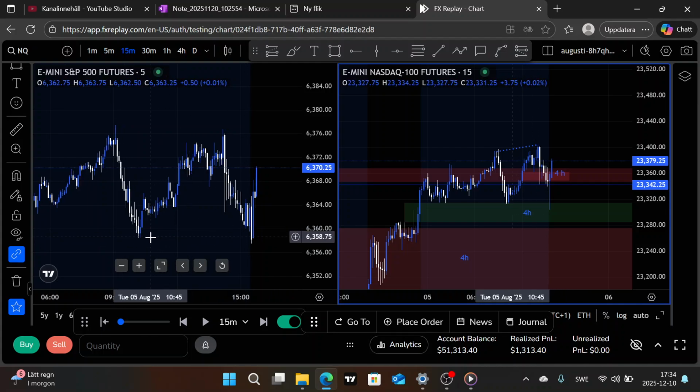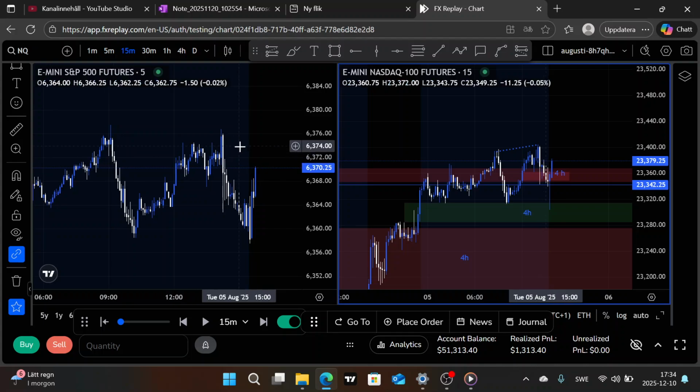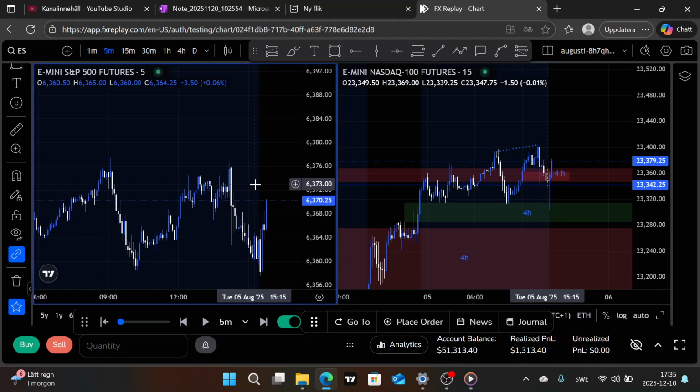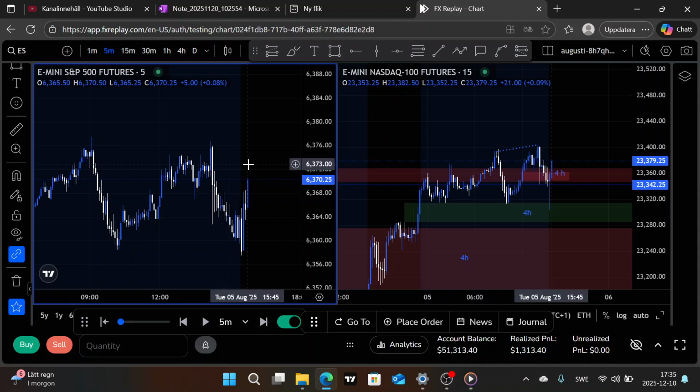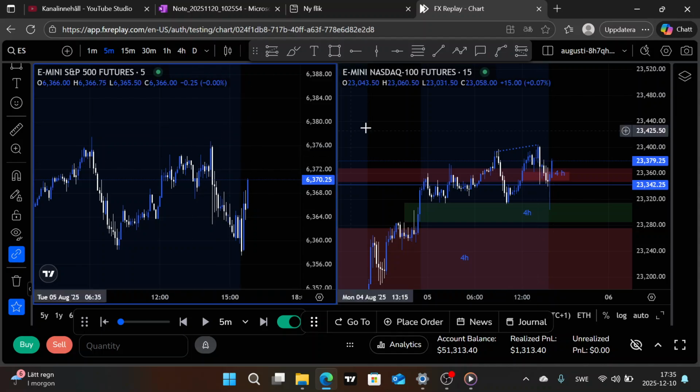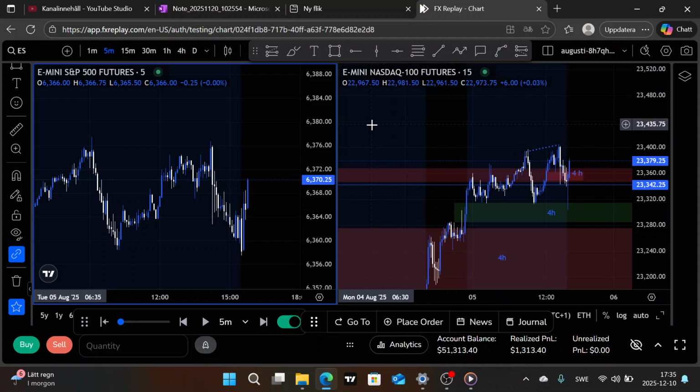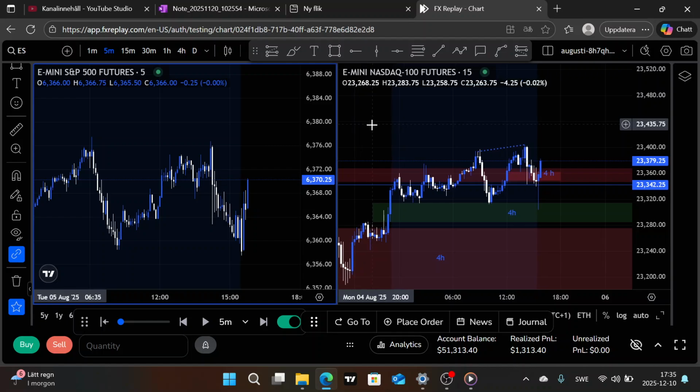Yes, it does. We don't have any SMT at the lows, so without SMT, to take a trade is a little bit shaky. I don't ever know what I'm talking about, so only God can judge me.